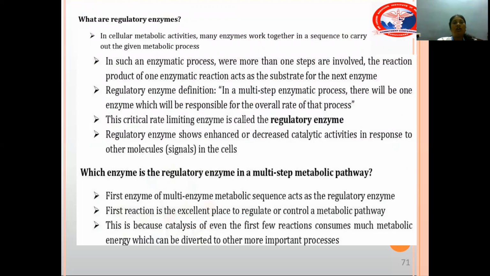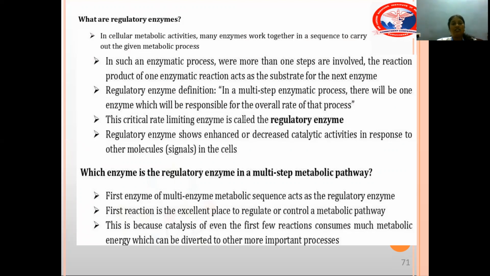So what are regulatory enzymes? In any cell during a metabolic activity, many enzymes work together synchronously and sequentially to carry out the required metabolic process. In such a condition, where multiple steps are involved, the reaction product of one enzymatic reaction, that is, the product of the previous reaction, will act as a substrate for the subsequent reaction.